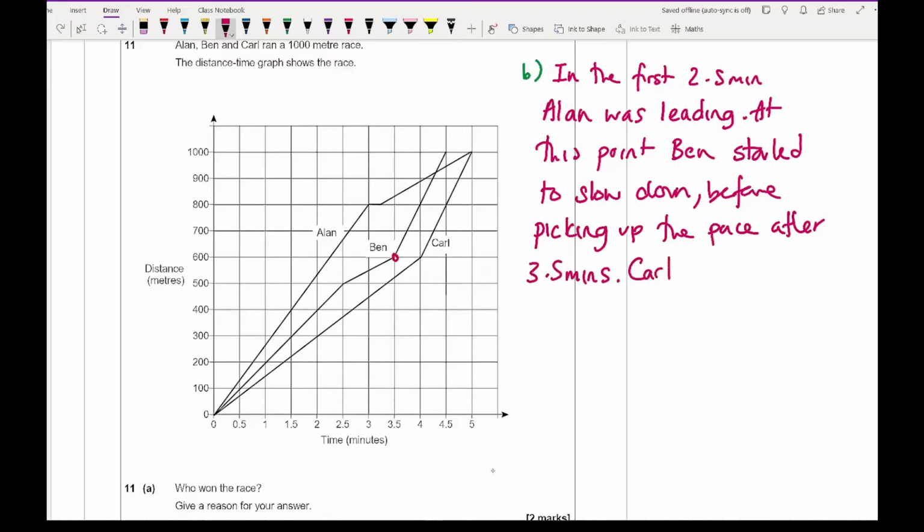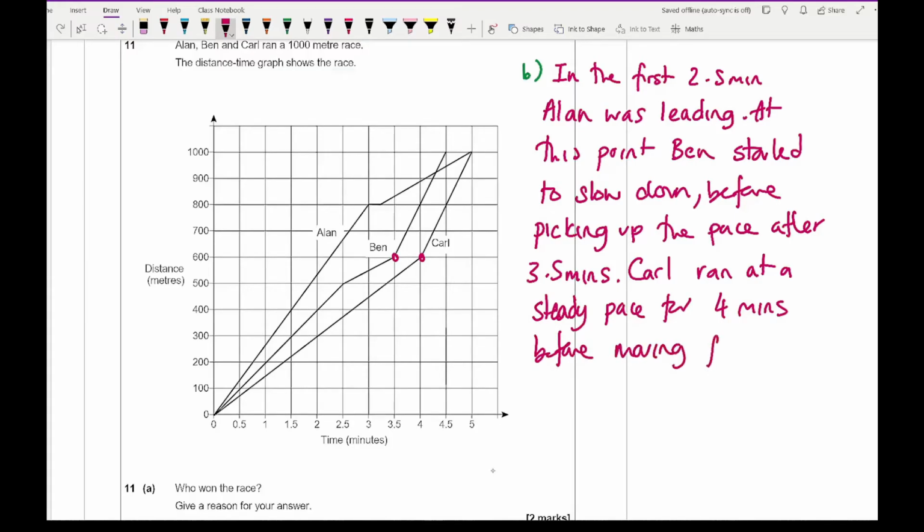Carl ran at a steady pace for 4 minutes before moving faster to finish, and Carl finished at 5 minutes.